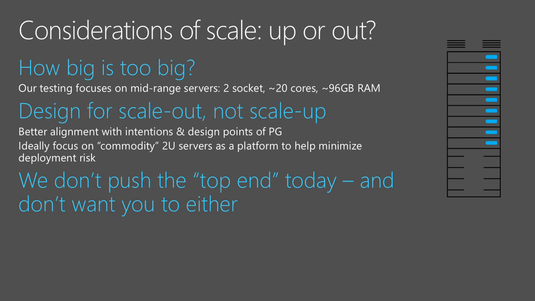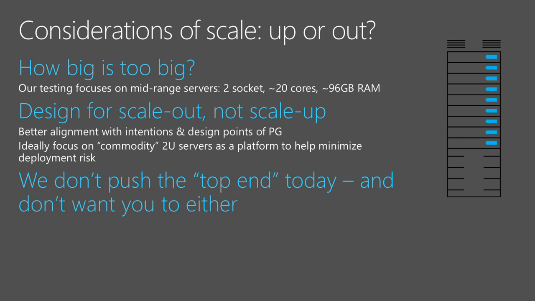We deploy the cheapest hardware that makes sense for obvious reasons. When you're running 50,000 servers, cost matters, right? So yes, we do get a pretty good discount on those servers, but even so, we have to think about costs very closely. So all of our testing, but all of our production deployment really focuses on what we would consider a mid-range commodity server.